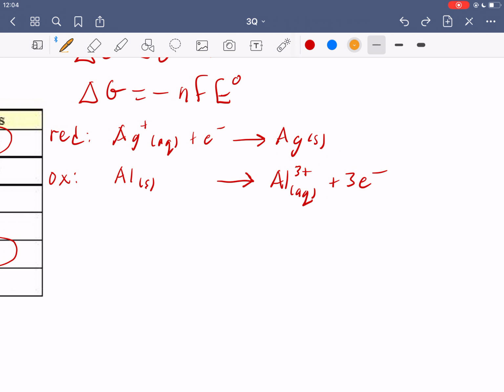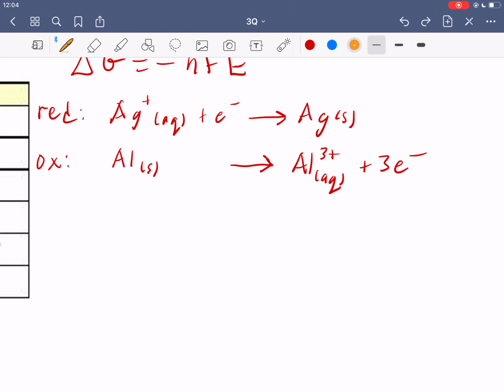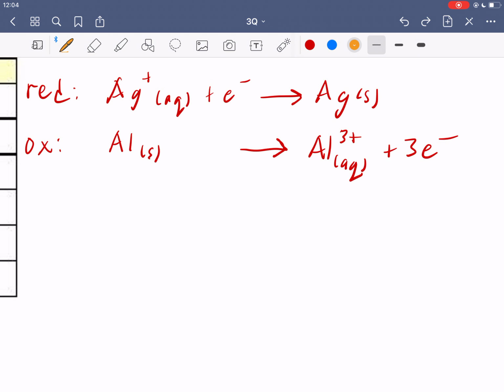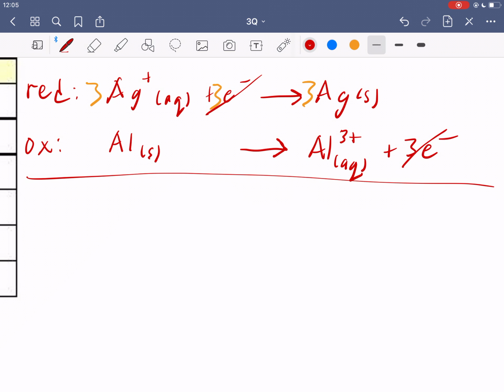I have to do something to make the electrons the same. So the easiest way to do that is just to take the top reaction and multiply everything by 3. If you multiply everything by 3, it's still the same ratio, so it's fine. I can do that. And then now my electrons are going to cancel out, and I can add everything.